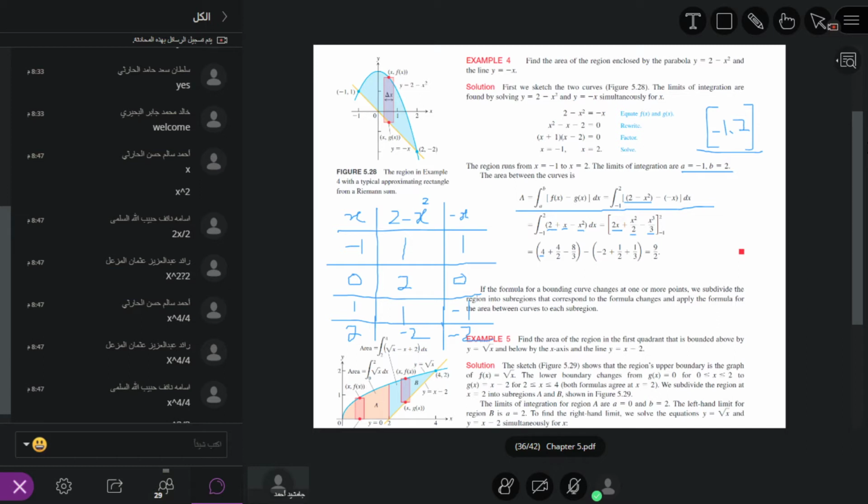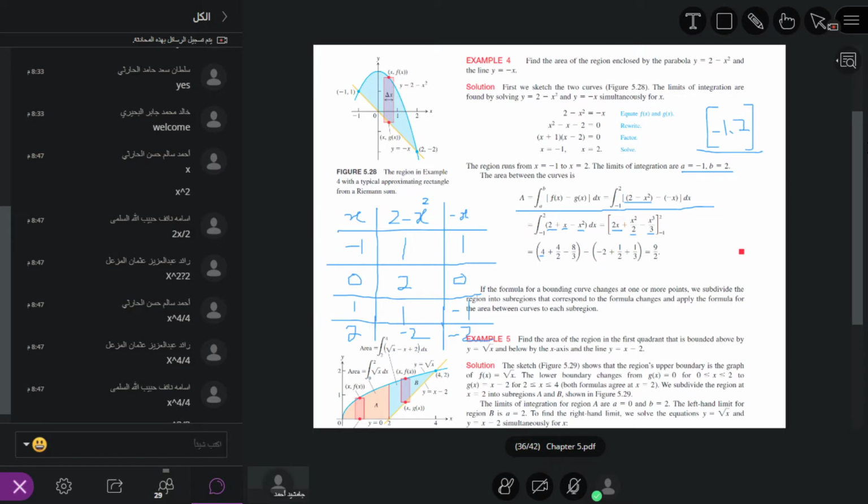Whenever we put these values, we observe that 2 minus x squared is dominant compared to minus x. So it means f of x is equal to 2 minus x squared and g of x is equal to minus x.